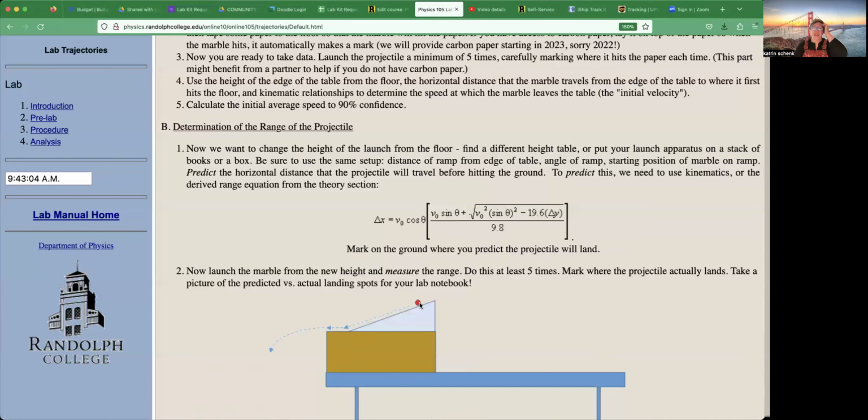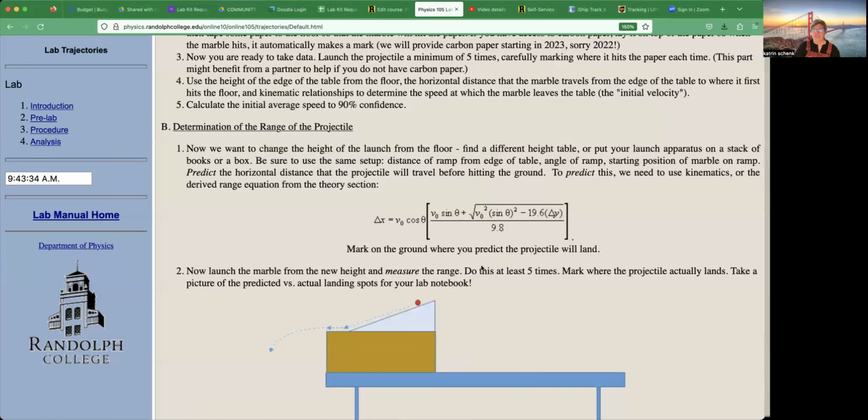And this time you already know the initial velocity because you've measured it. That is not going to change, this initial x velocity. What will change is the range, how far it goes before it hits, because it's higher up now. So you're trying to predict the range, and then measure it so you can compare with the predicted value given by the equation.